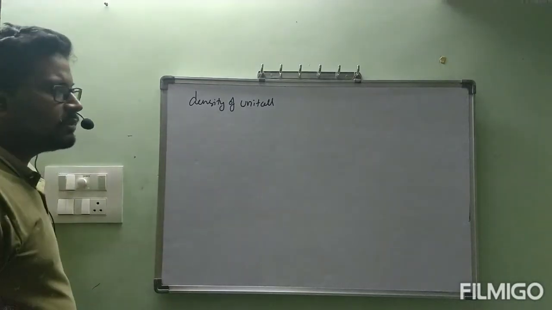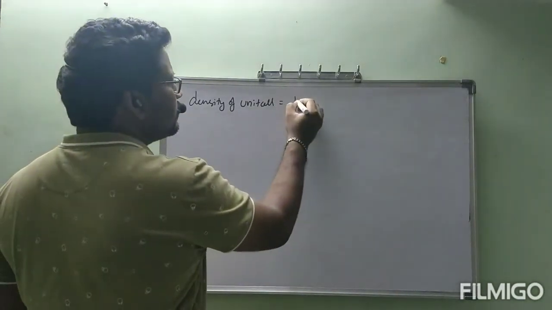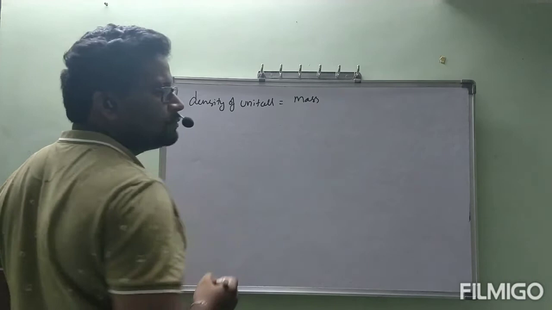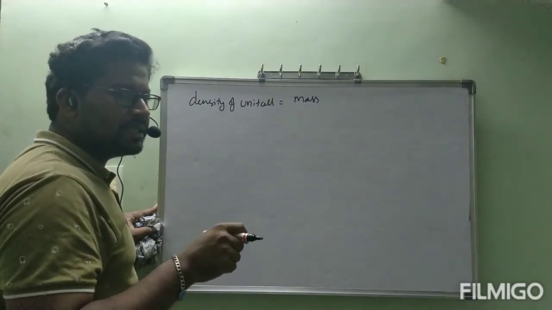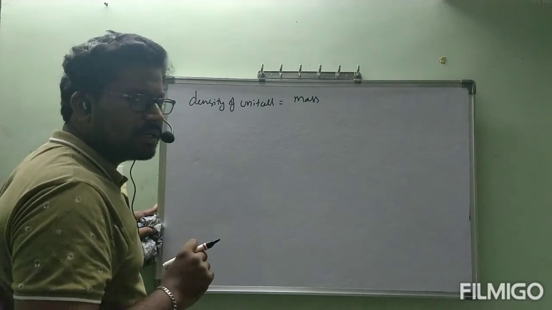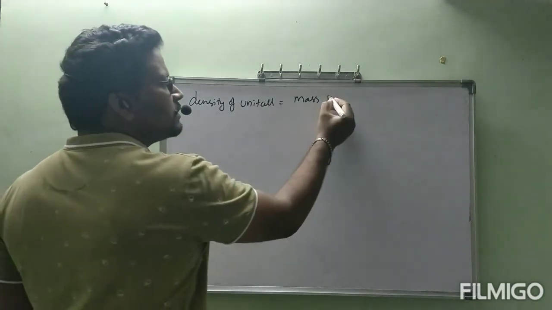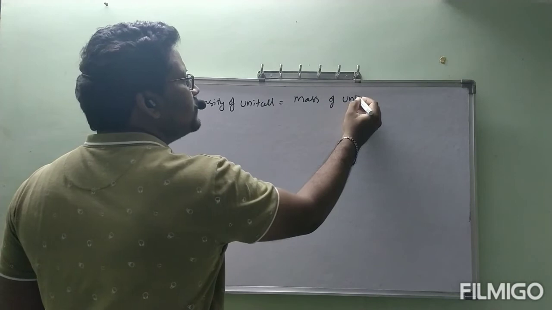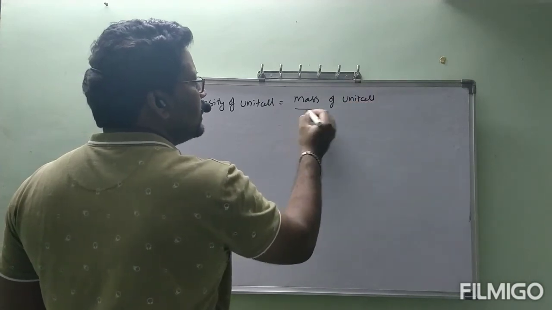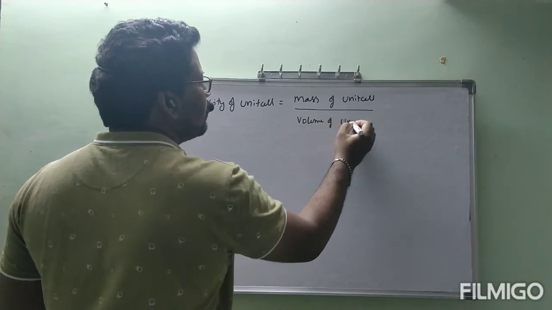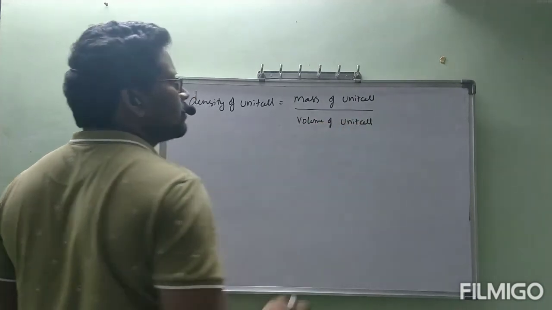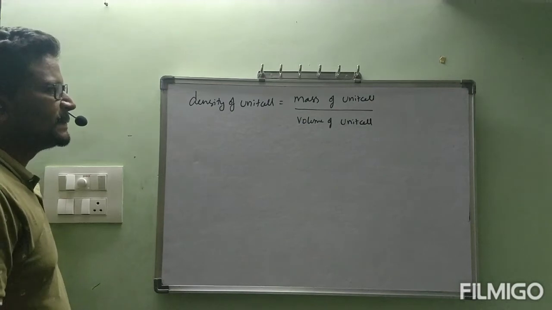We know the density formula. Density is equal to mass by volume. But for which substance are we going to calculate the density? Unit cell. So here also, mass of unit cell divided by volume of unit cell.